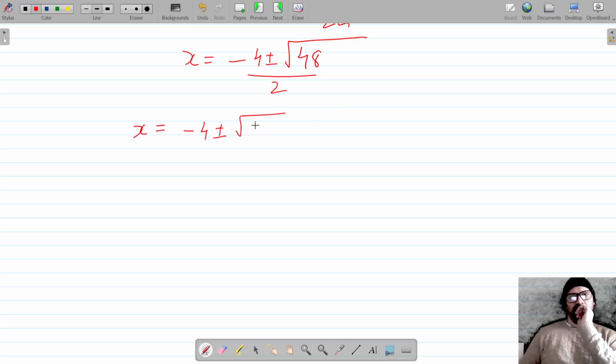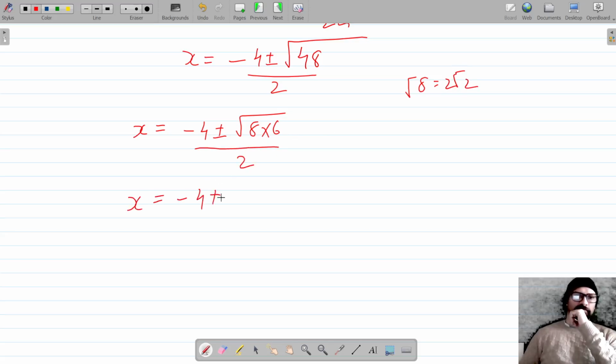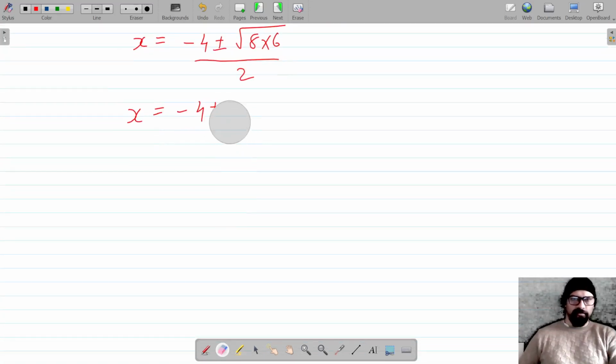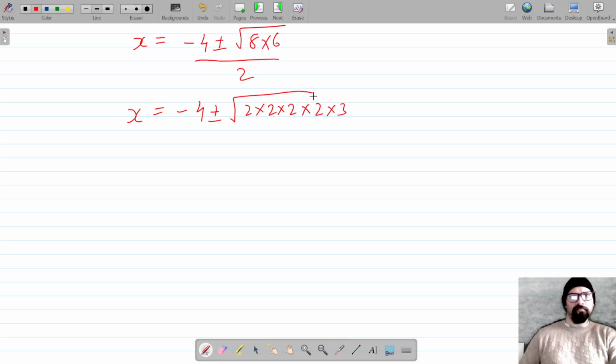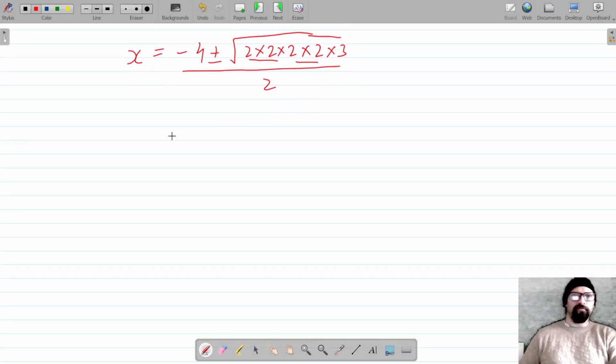48 is 16 into 3, and root 16 is 4, so we have x is equal to negative 4 plus minus 4 root 3 by 2.